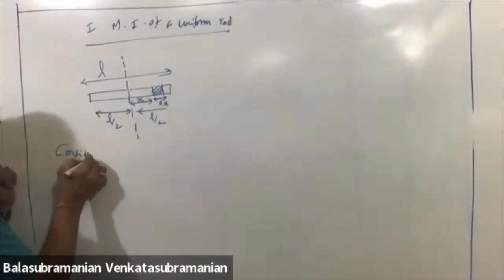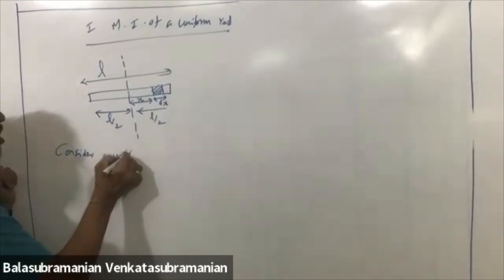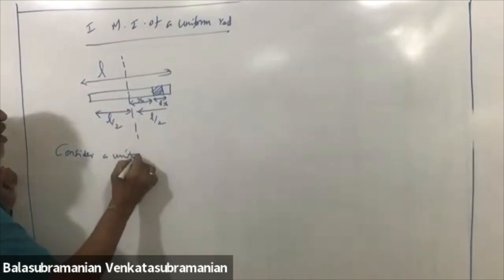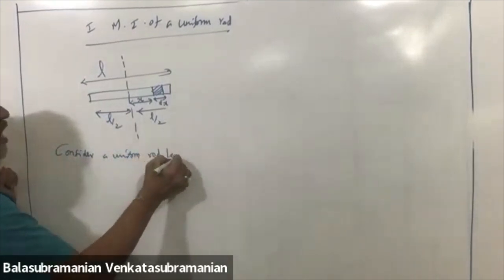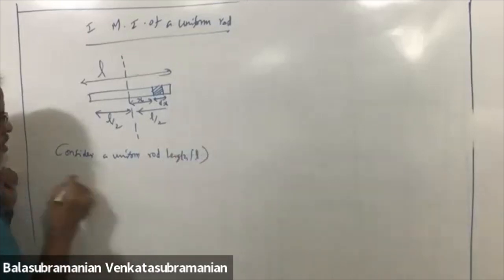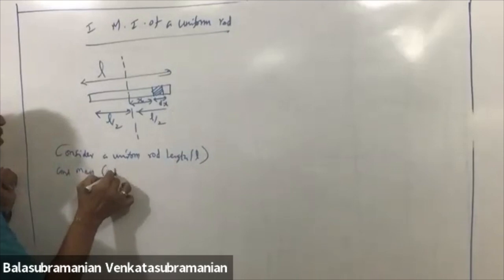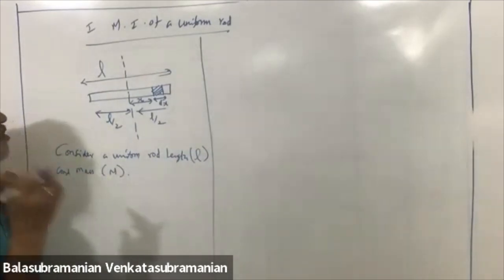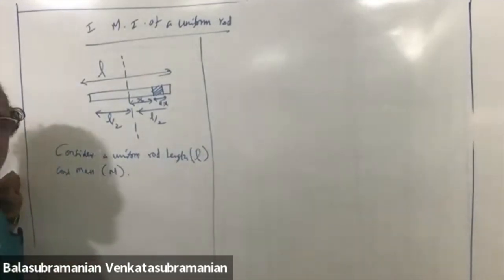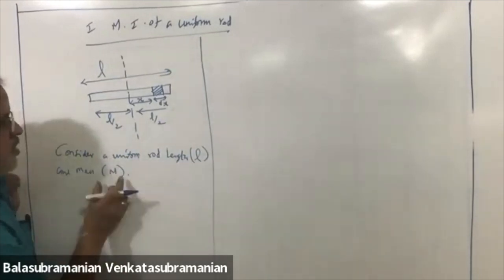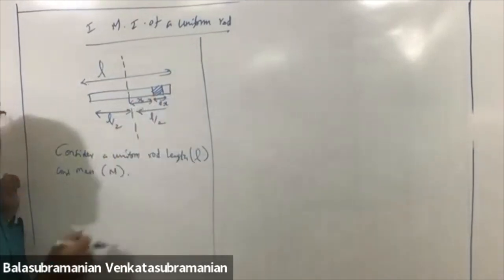Consider a uniform rod of length L and mass capital M. Now we have to calculate the mass of this portion.